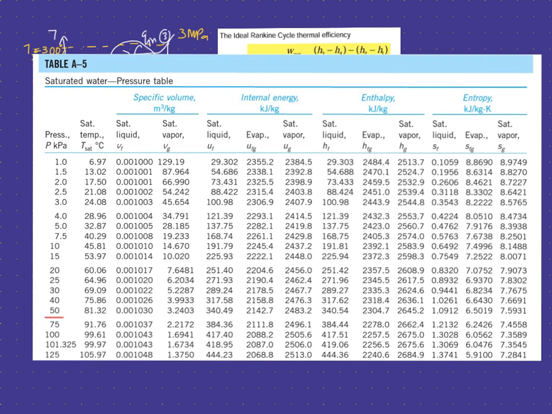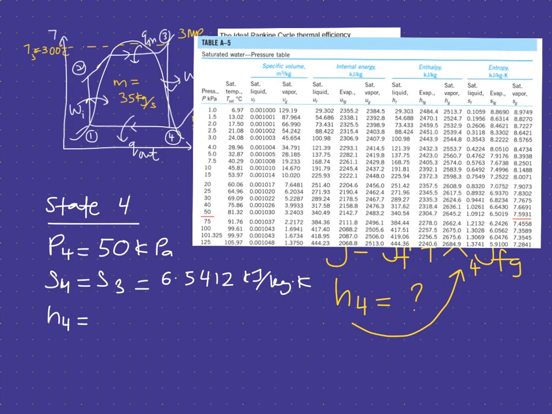At 50 kilopascal, the entropy reading for your Sg is 7.5931, where your S4 is equal to S3, which is 6.5412. So look at the value of S4 equal to S3, and the entropy at 50 kilopascal is this value.